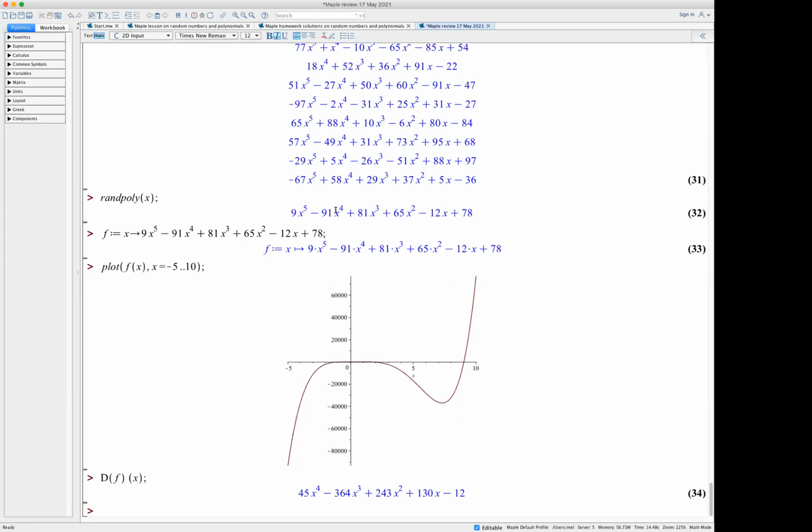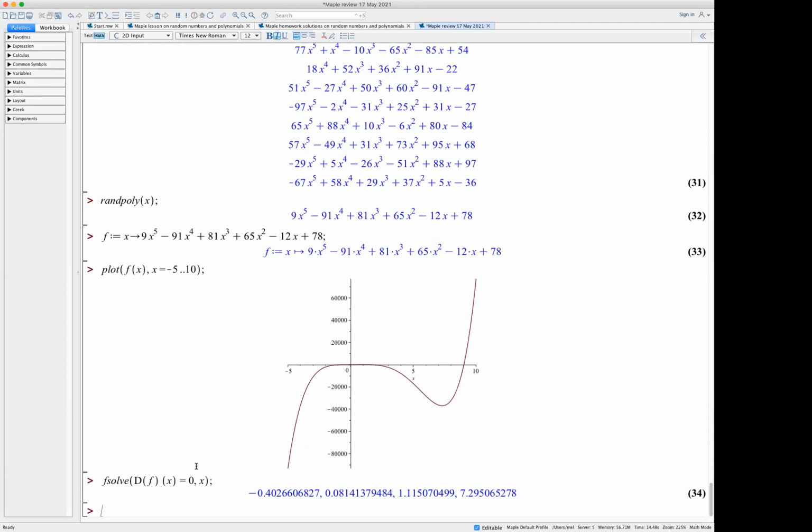That's the derivative. The derivative of a polynomial of degree 5 is going to be a polynomial of degree 4. Let's try and find the critical numbers. So solve the derivative equal to 0 for x. And it gives us 4 different solutions: 1, 2, 3, 4.